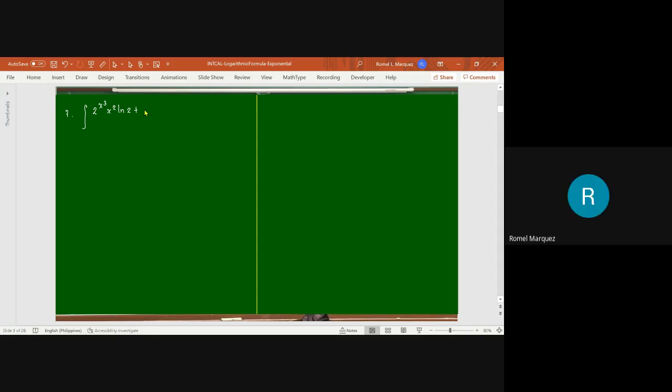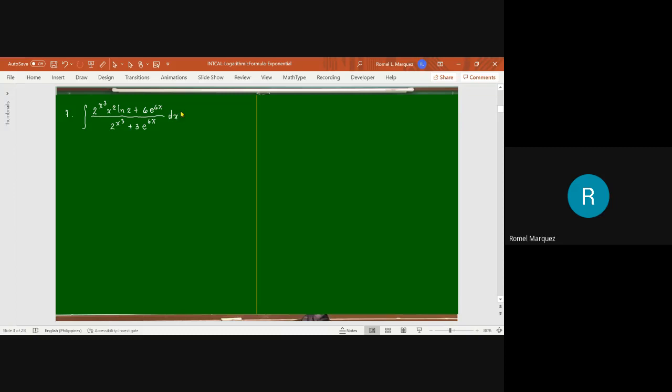Plus 6 e to the 6x all over 2 to the x cubed plus 3 e to the 6x, then dx.